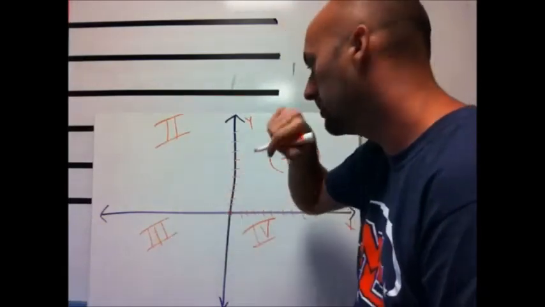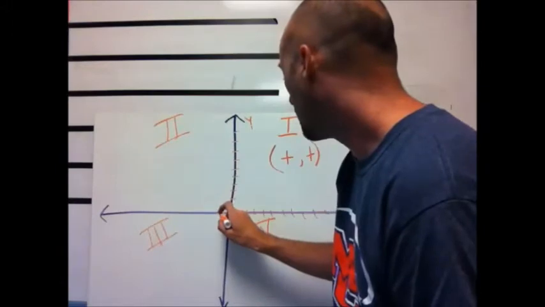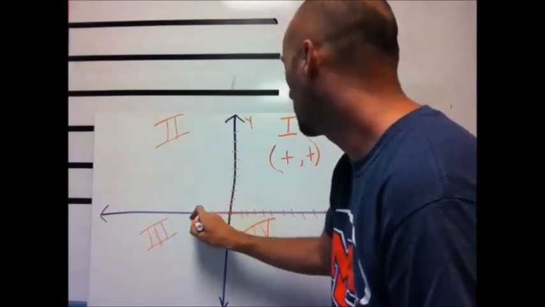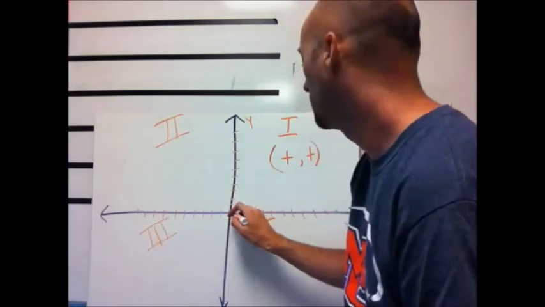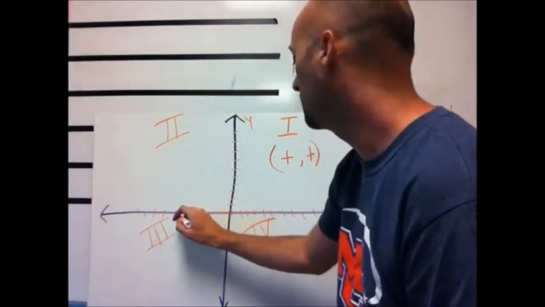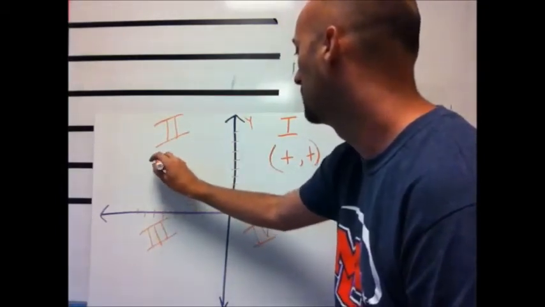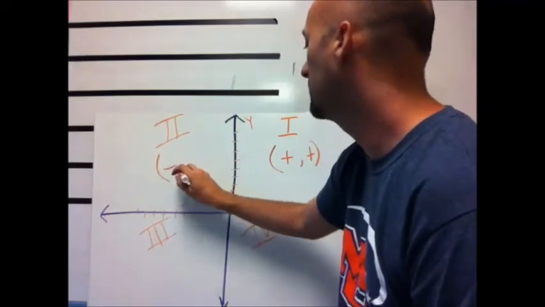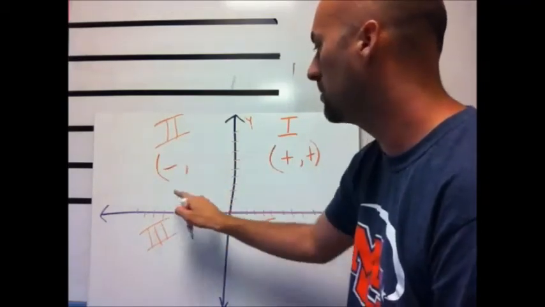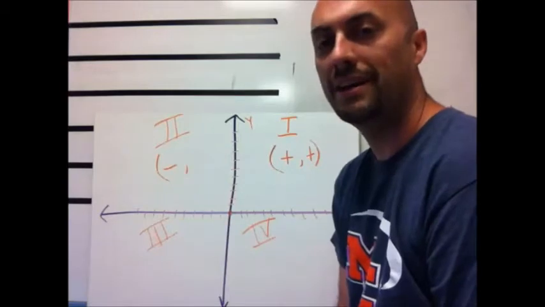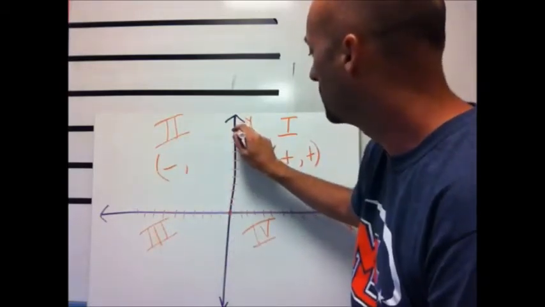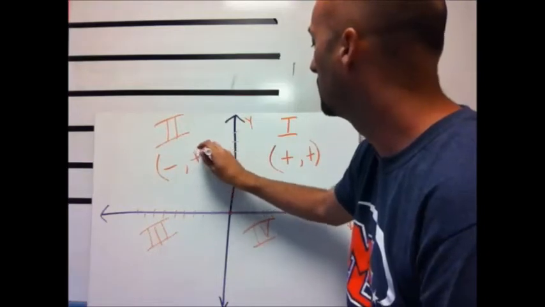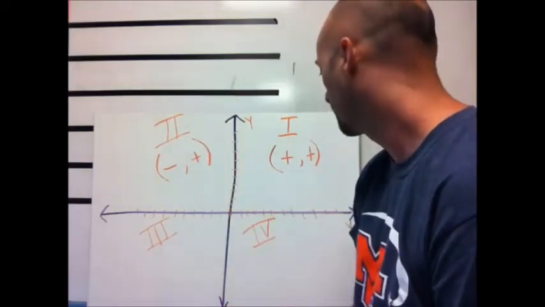So let's go to quadrant 2 now. My x values, left, right, always first. Here's my origin. Am I counting negative or positive? Well, it's negative. So my first number, the x value, will be negative here. My y value is still counting up, so it's still positive.